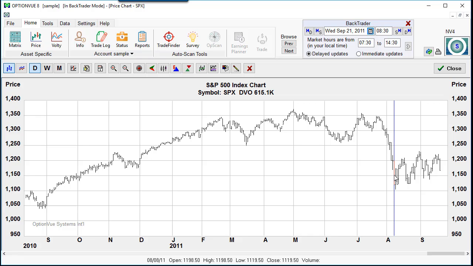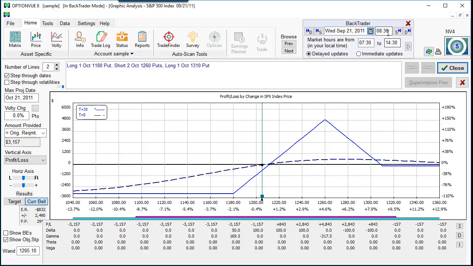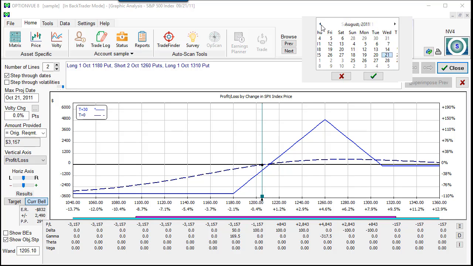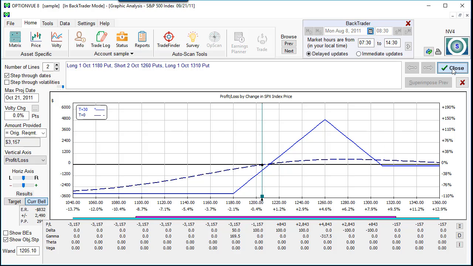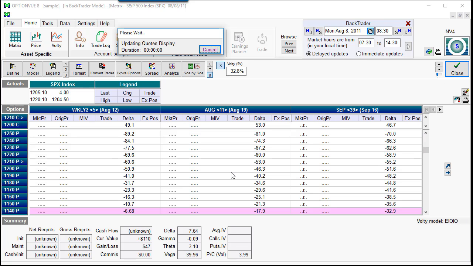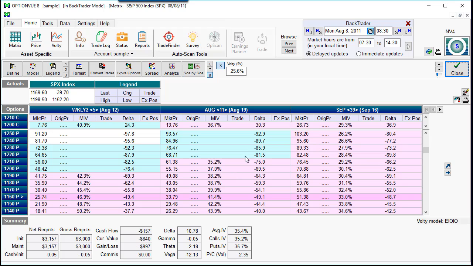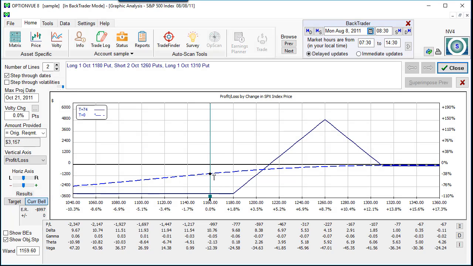So if we go back to this day right here on August 8th, and say, I did not respect that. Now here I am, I'm way out past my lower long. I'm 4 times my maximum loss.